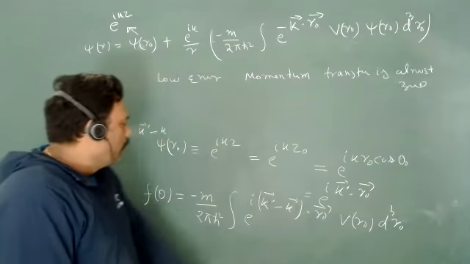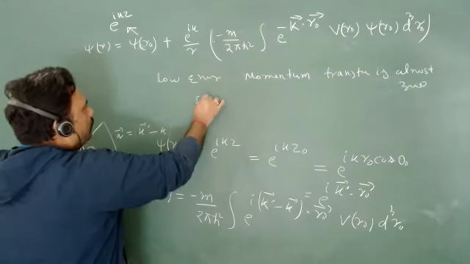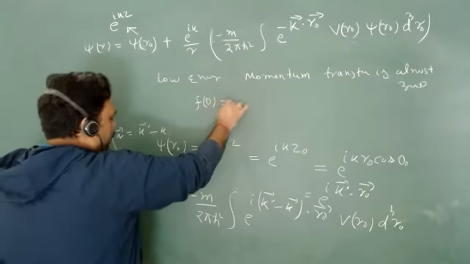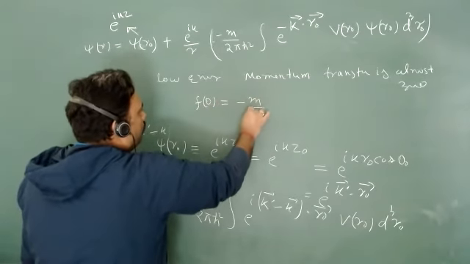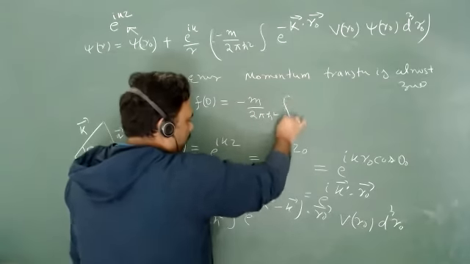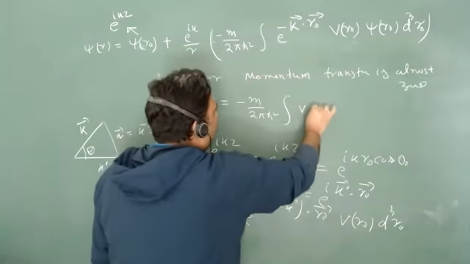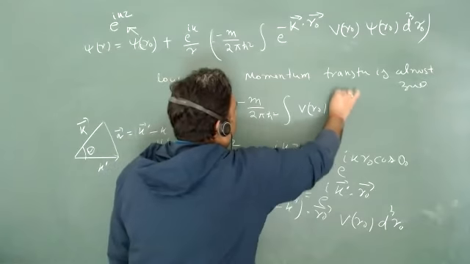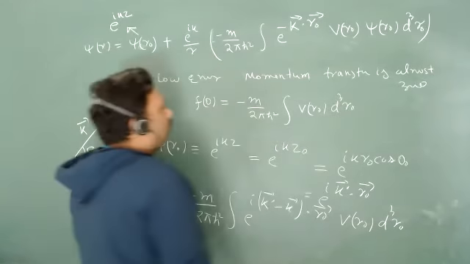So this value will be gone, and we have f theta as minus m upon 2 pi h cut square, and this value is V(r naught) d cube r naught.